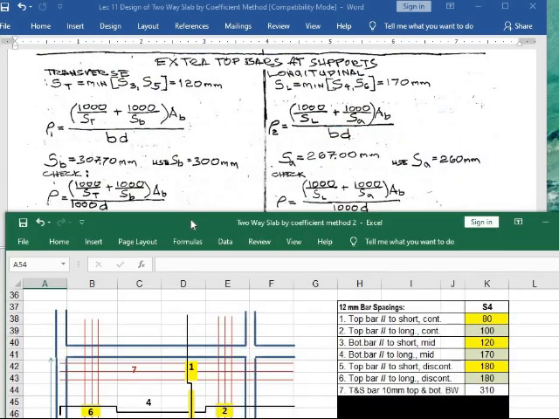For bar number 2, the spacing of the extra bar is called S sub A. For the transverse, the spacing of the extra bar is called S sub B. So, we will be computing the spacing of those extra bars.